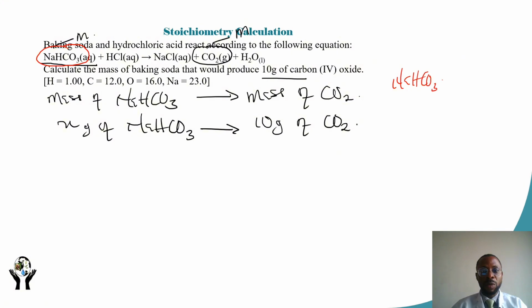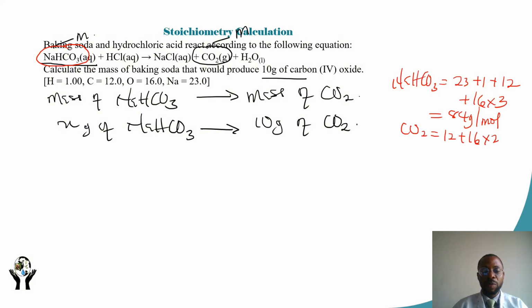NaHCO3 molar mass will give you 23 plus 1 plus 12 plus 16 times 3. If you do this, your molar mass should give you 84 grams per mole. And the molar mass of CO2 in that equation will be 12 plus 16 times 2. And that should give us 44 grams per mole.